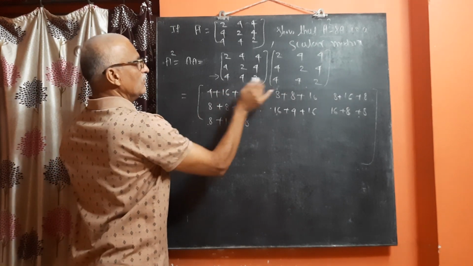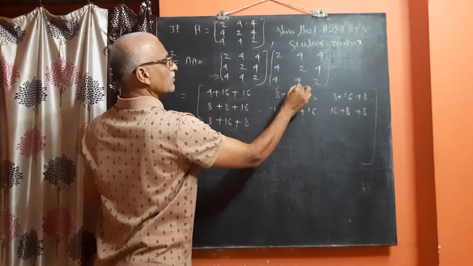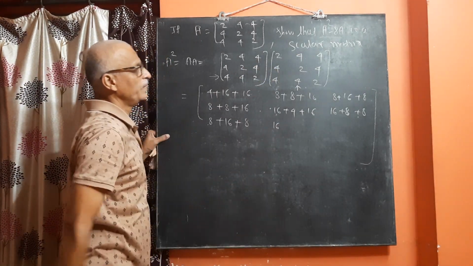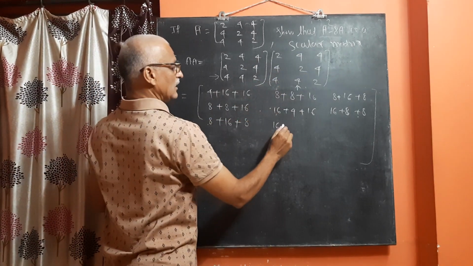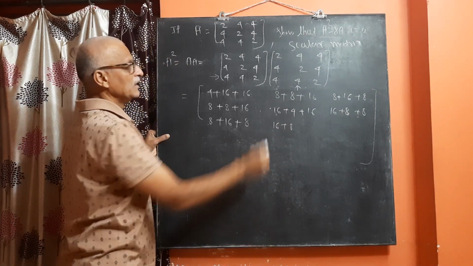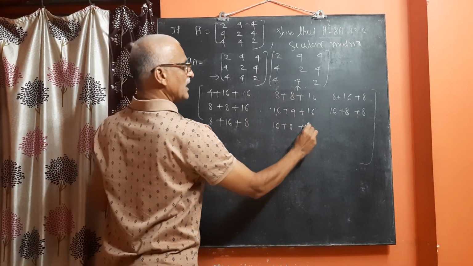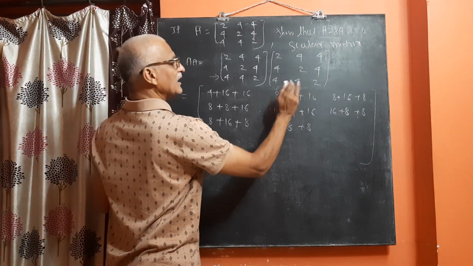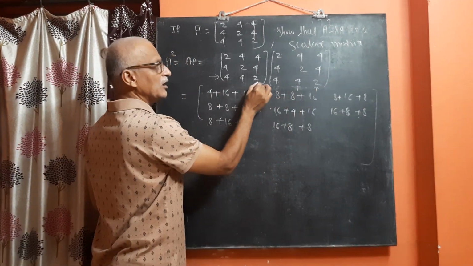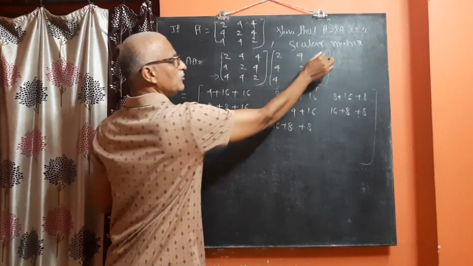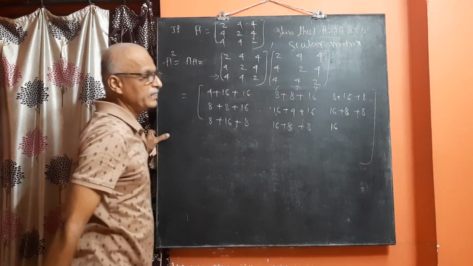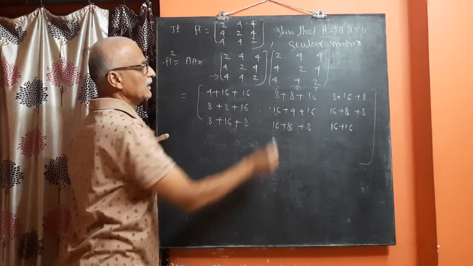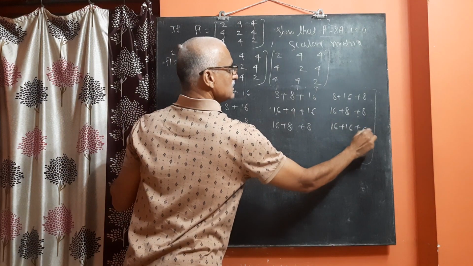Then third row, second column: 4 into 4 is 16, 4 into 2 plus 8, 2 into 4 plus 8. Then the last one, third row, third column: 4 into 4 is 16, 4 into 4 is 16, 2 into 2 plus 4.